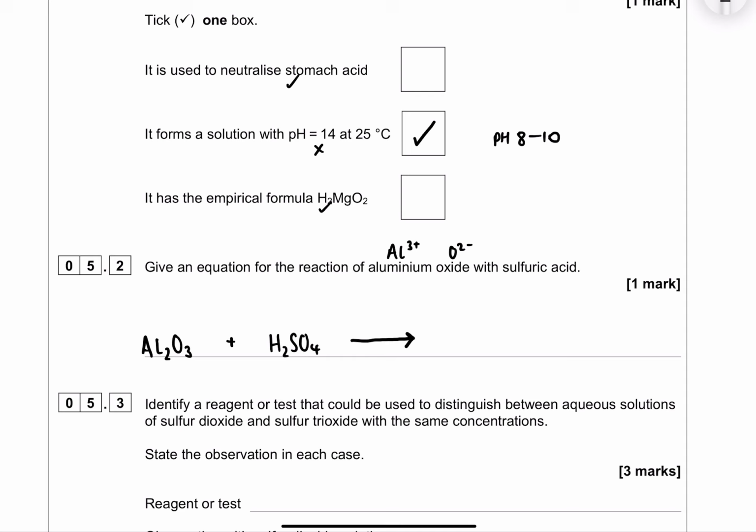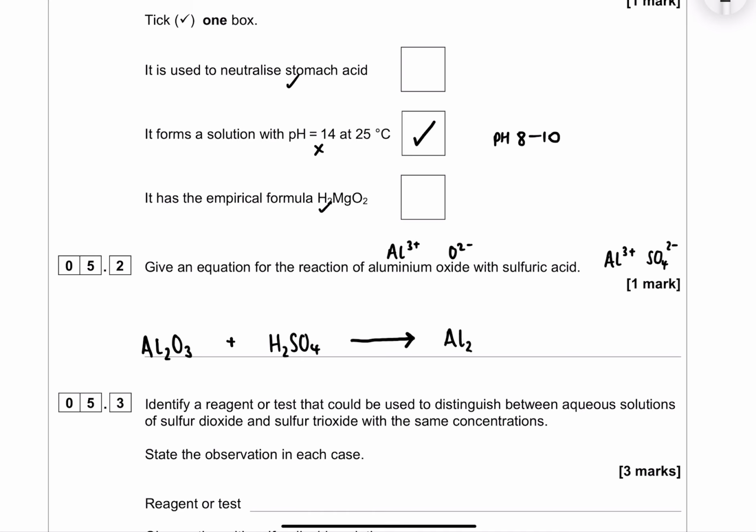Now when something is a base, it provides the metal ion to the salt, and the acid provides the anion, the negative ion. So sulfuric acid provides sulfates, aluminium oxide provides aluminium ions, and then we have to put those two together.